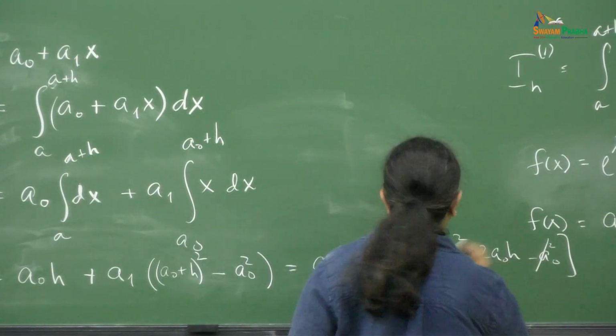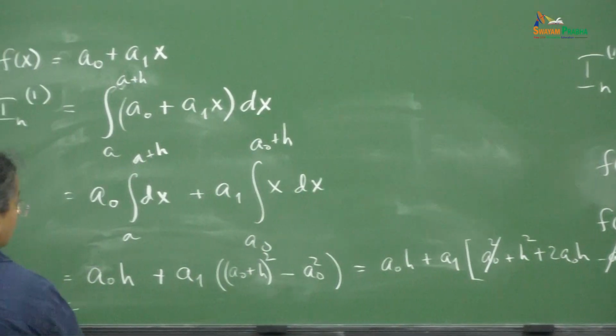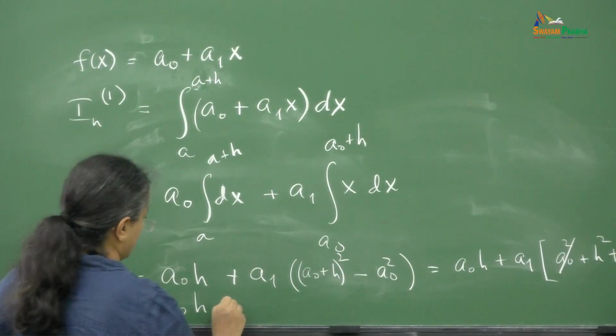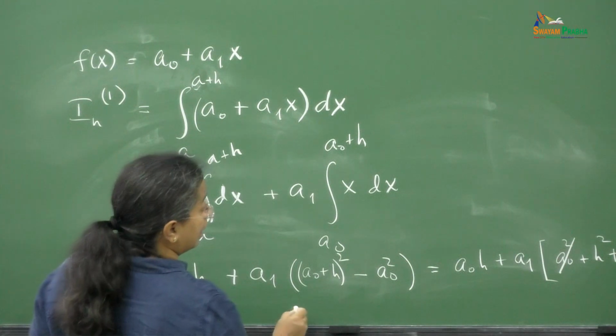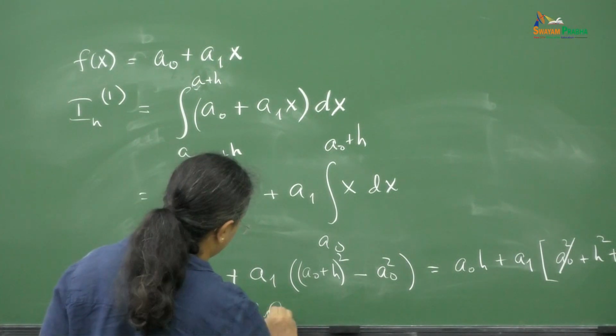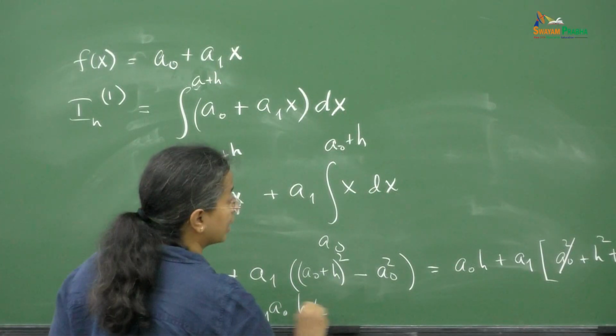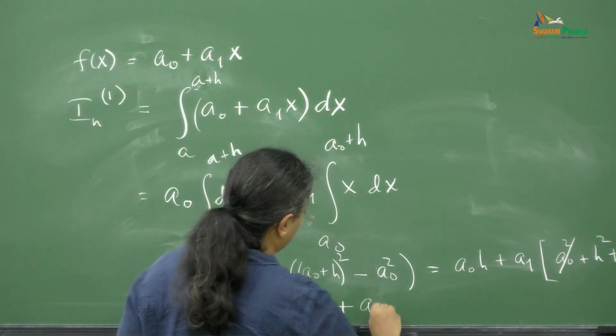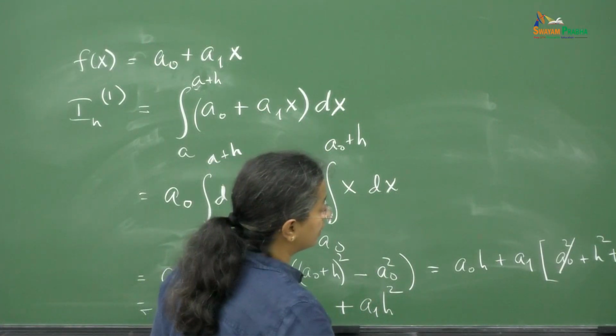So these two cancel. Then I will have a0h plus a1 a h by 2 plus a1 h square. That is it?